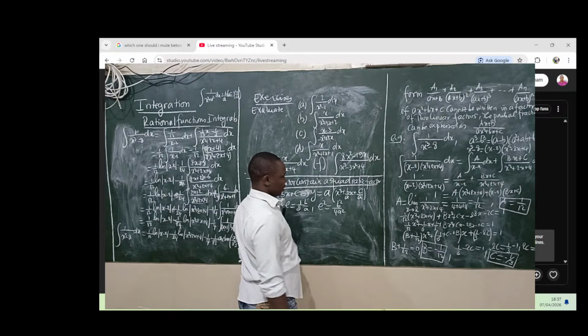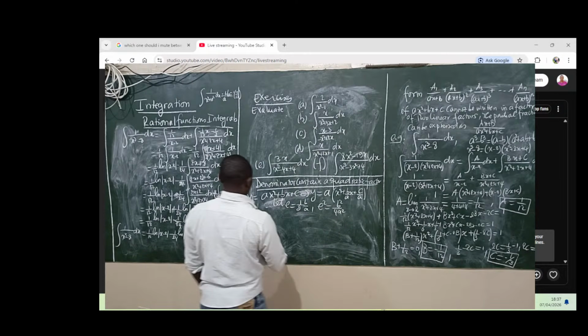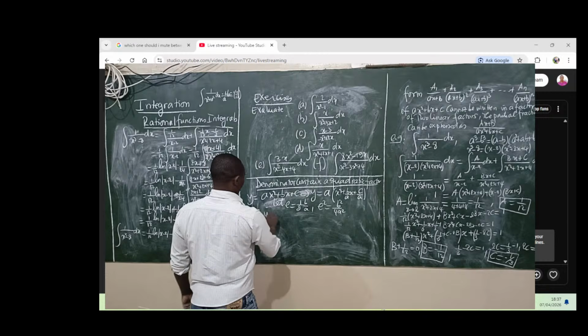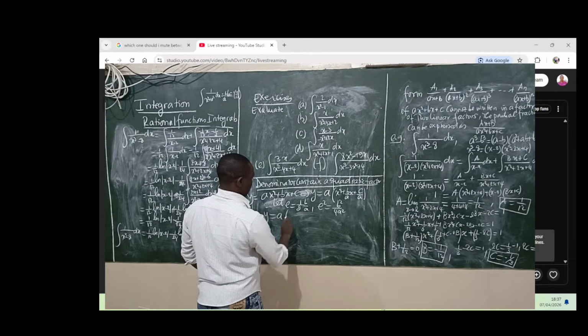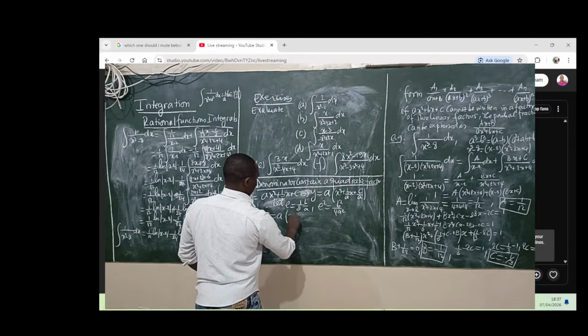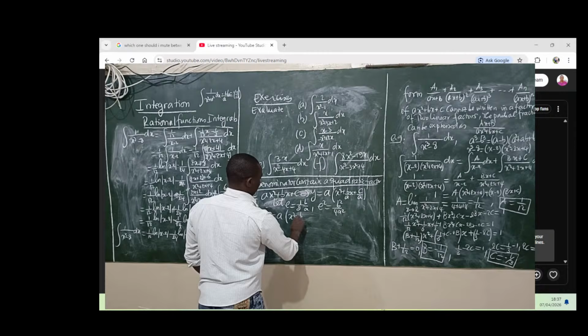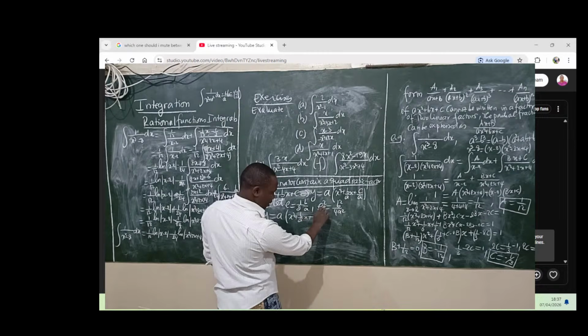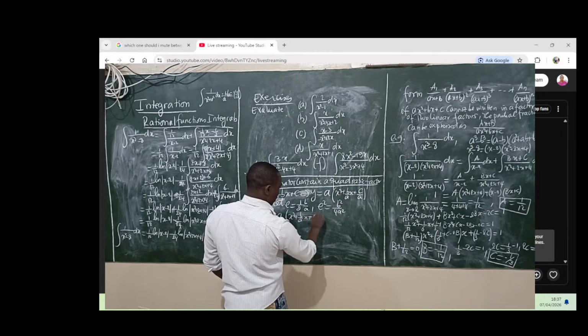Here, y is going to be a into x squared plus b over a x plus e power 2, and subtract e power 2, plus c over a.